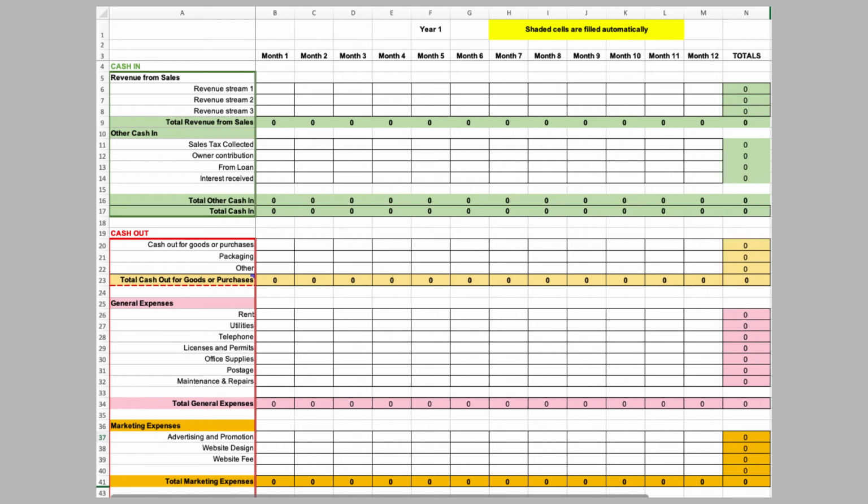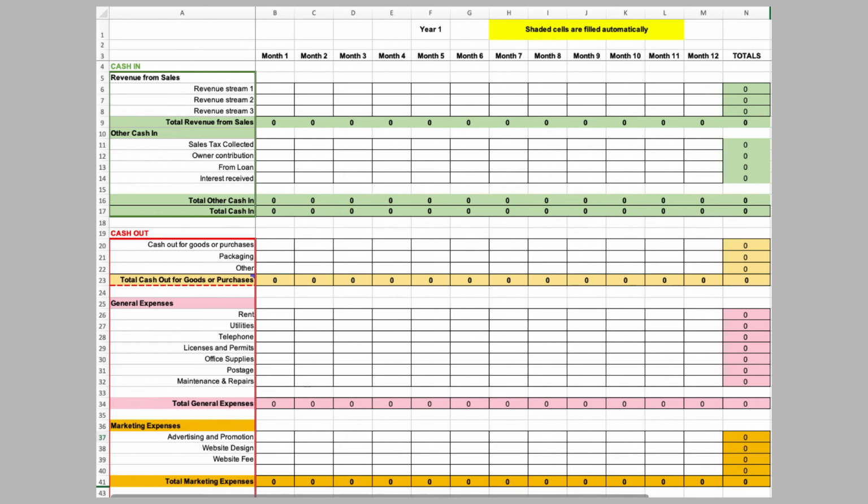Again, that subtotal is on line 16, other cash in, total. And then we add the total coming in from sales and the total coming in from any other income stream, and we get total cash in.